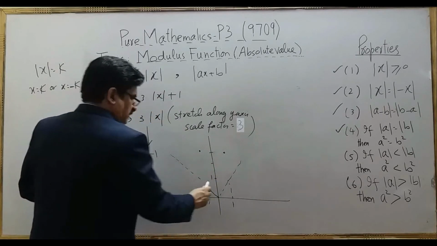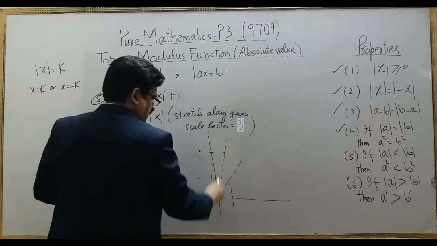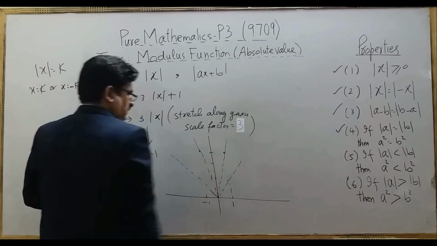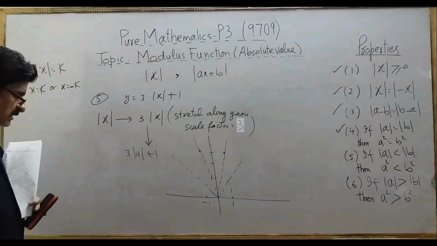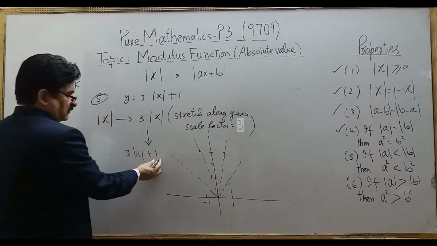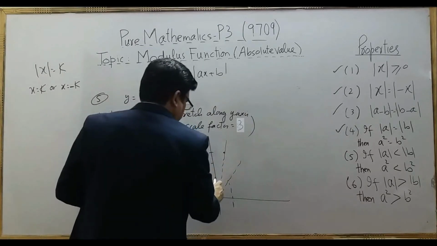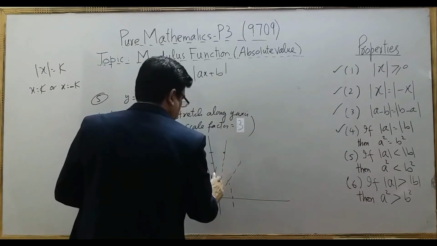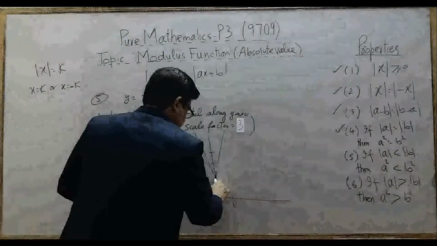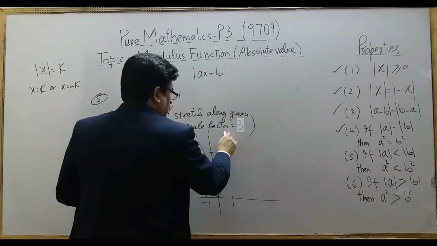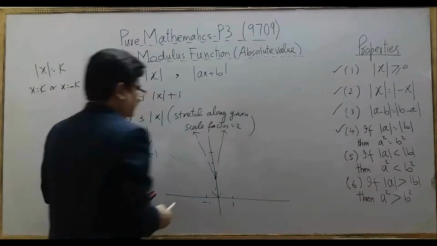So the graph should become this. Then you have one step, translation along the y-axis. So your final graph will pass from this and this will be the final graph. Look at this. Now this is the final graph.